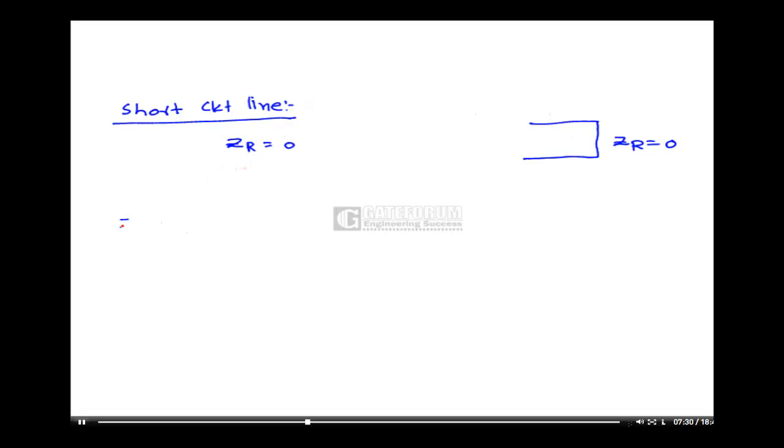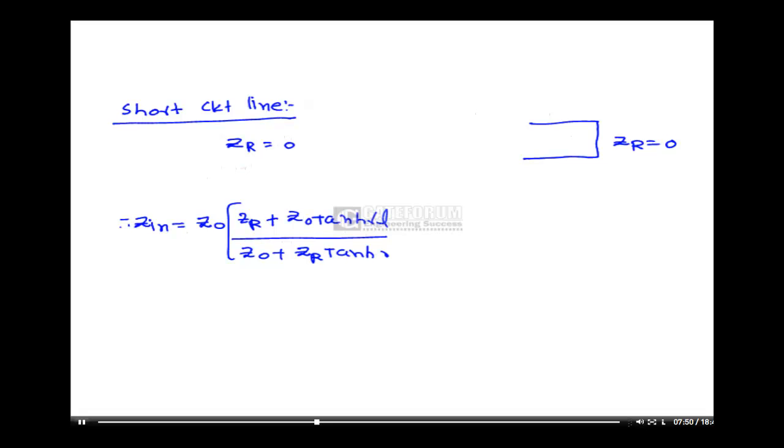We know that Zin is equal to Z0 into (ZR plus Z0 tanh hyperbolic gamma L) by (Z0 plus ZR tanh hyperbolic gamma L). This is the general formula. Put ZR equal to 0 in this one.